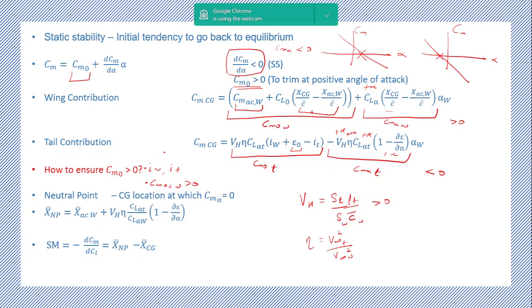Of the wing, yes. So for a symmetric airfoil, what is CMACW? Yes, for a cambered airfoil, positive. So how do we ensure for a cambered airfoil CMAC?